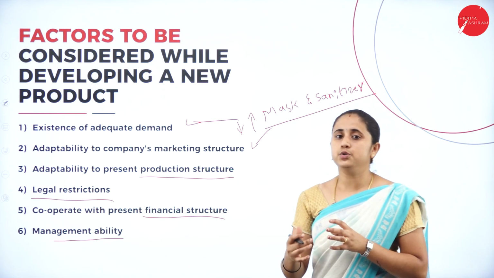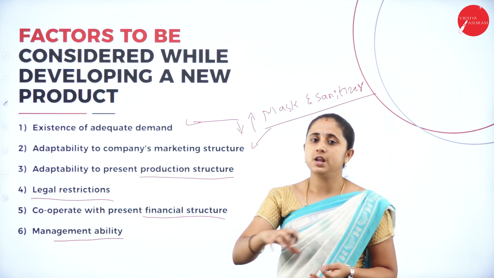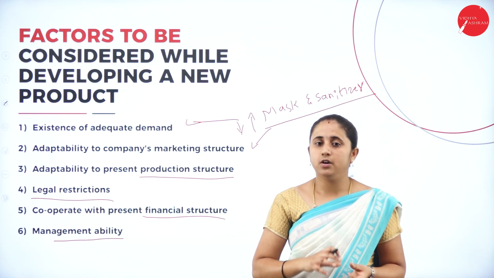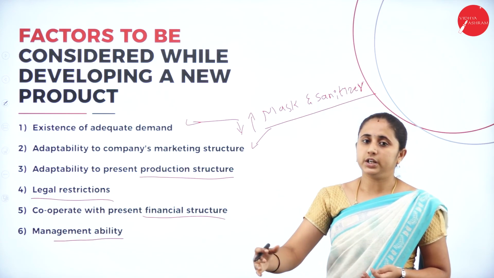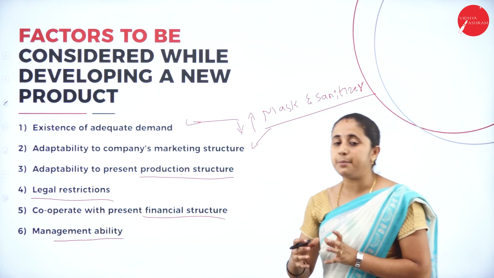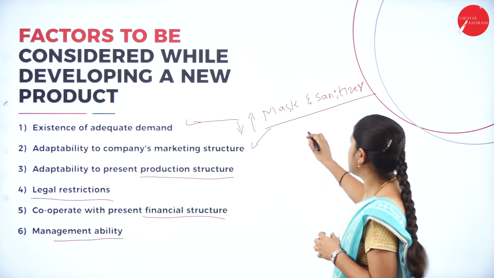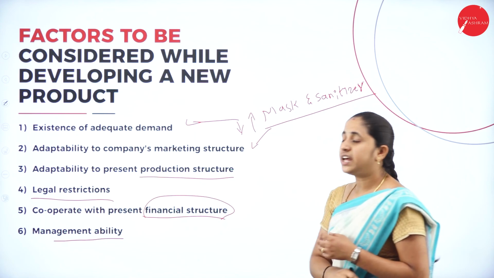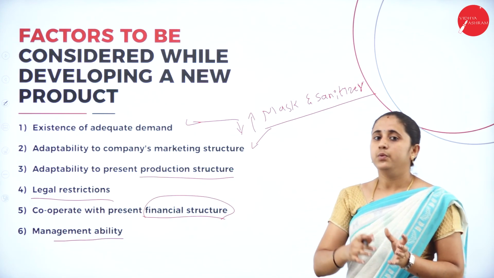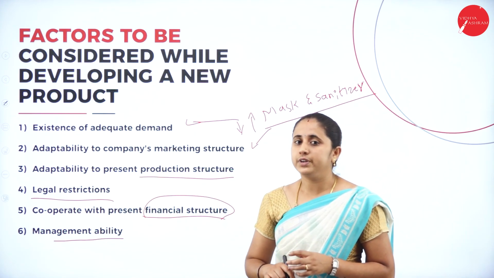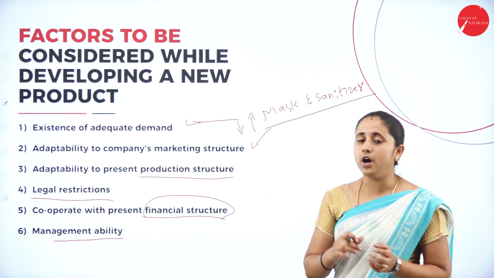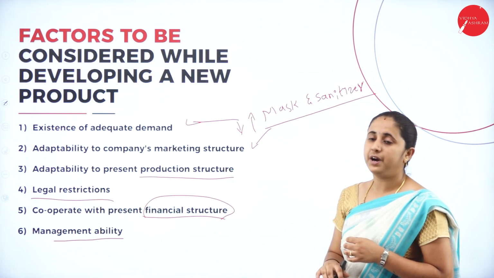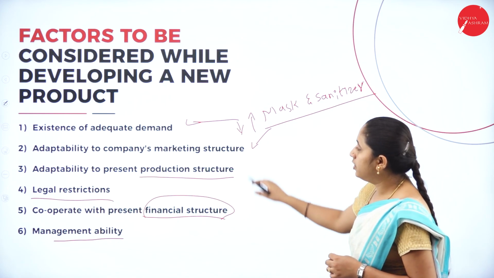You cannot produce with the same production machineries or raw material. So you need to purchase extra machinery for the production purpose. So the financial position of your company, will they be able to offer such finance for the purchasing or for the production purpose. You need to concentrate on these factors.